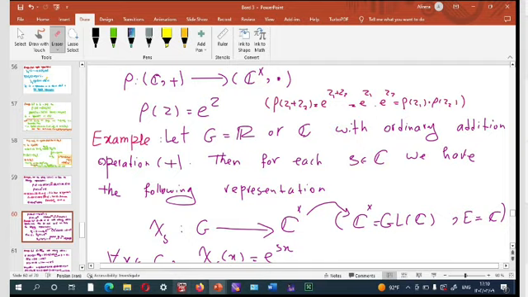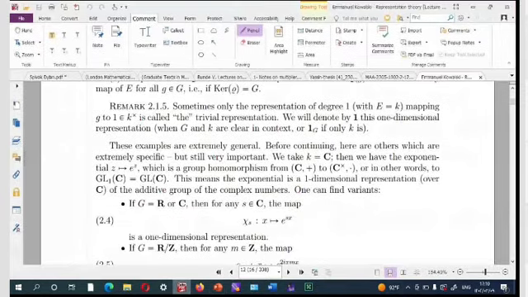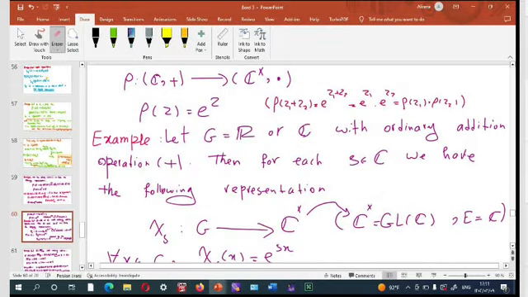As another example, let G be equal to the real numbers or complex numbers and s be an element of C. Okay, this is this example.